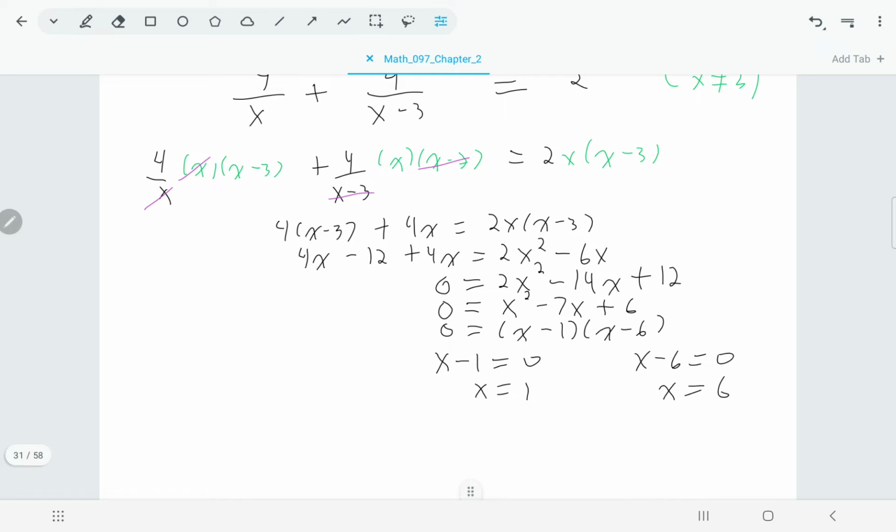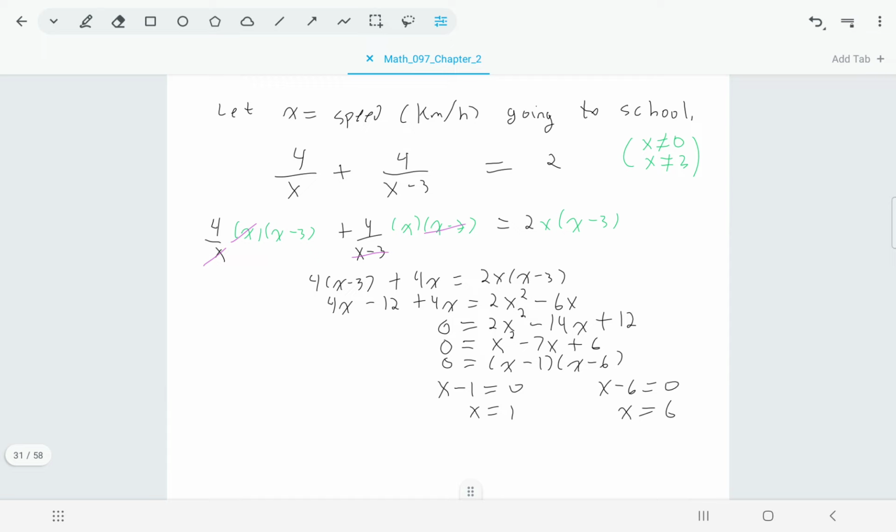Just as a little pause before we get into coming up with our final answers for these questions, it looks like we've come up with two different solutions to this. Remember, x is your speed going to school, so maybe you're going 1 kilometer an hour to school, maybe you're going 6 kilometers an hour to school. So I probably want to go back and think about whether both of those answers are feasible.